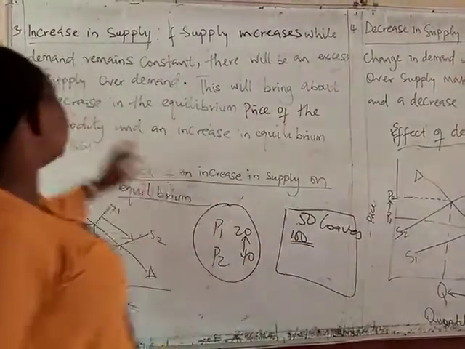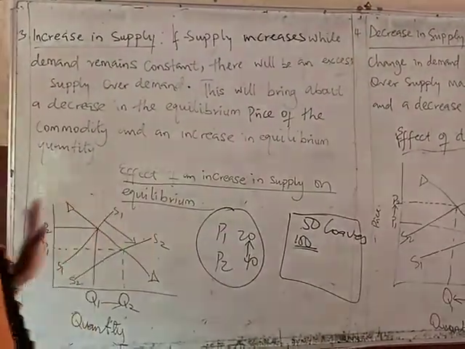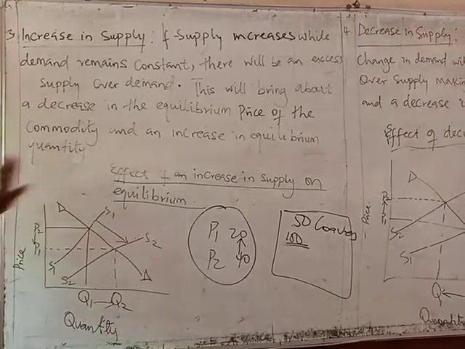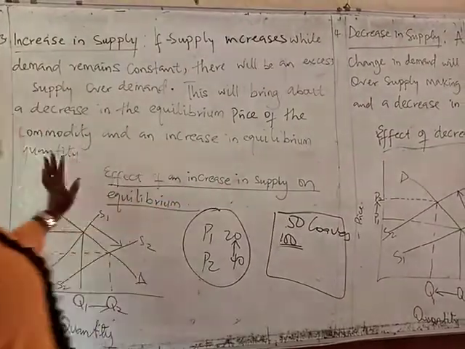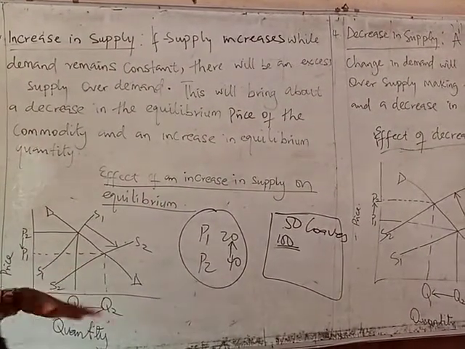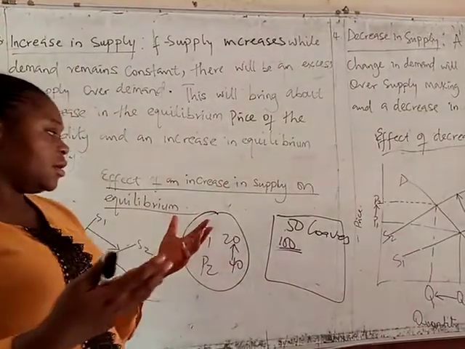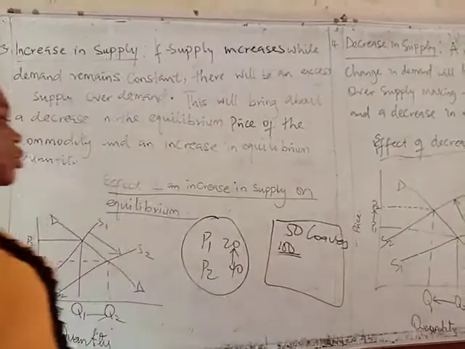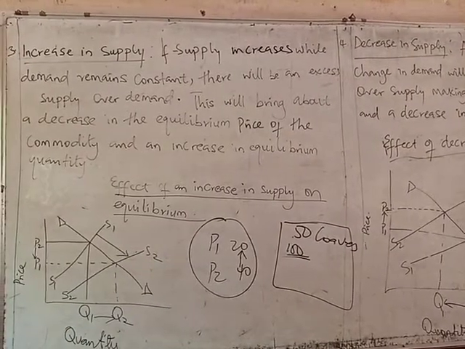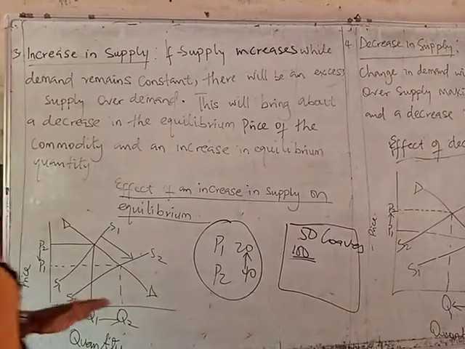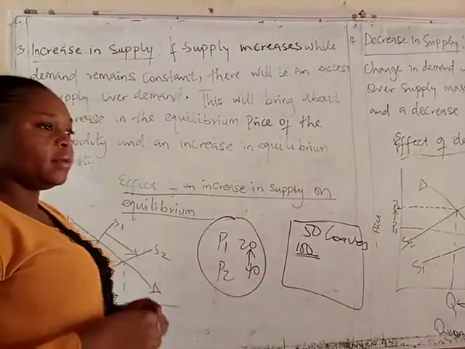This will bring about a decrease in equilibrium price of the commodity and an increase in equilibrium quantity. Equilibrium quantity simply means that the quantity of bread has increased. Then it will reduce the equilibrium price. That is, we have excess supply.